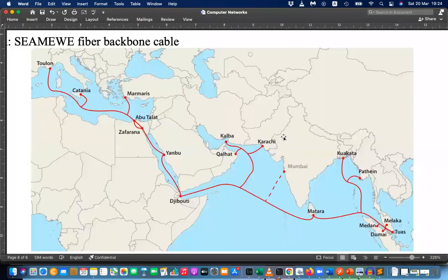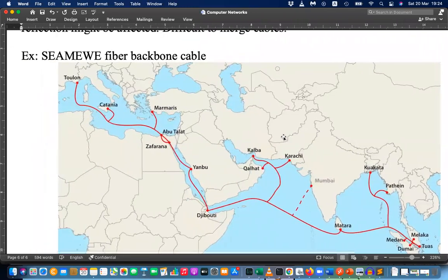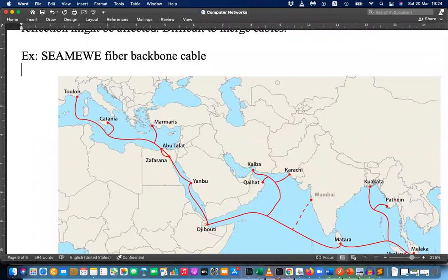So can you tell me what is CMEV? Didn't you read? It was visible on Wikipedia too. What is CMEV? It says Southeast Asia, Middle East, Western Europe.